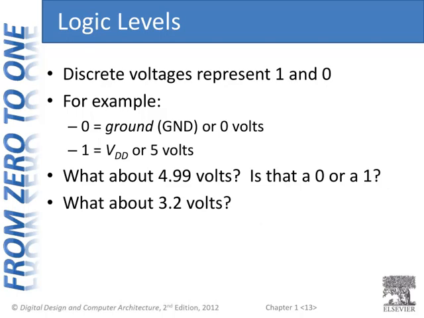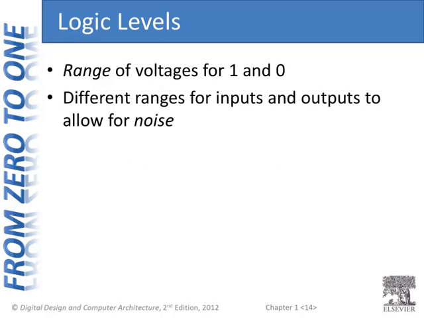So instead of having just a single value, even though at the most abstract level we say 5 volts is a 1 and 0 volts is a 0, we actually allow for a range of voltages to be considered a valid 1 or a valid 0. So we'll use a range of voltages for 1 and 0 instead of just exact values, 5 volts and 0 volts.